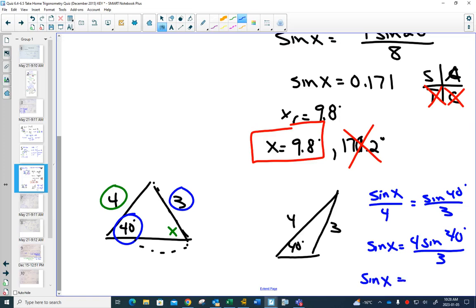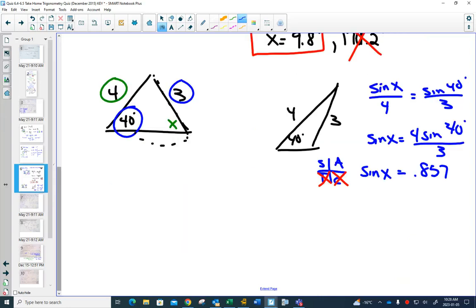Type that into my calculator. And I get 0.857. Sine is positive according to the CAST rule. It's in quadrant 1 and quadrant 2. I find my reference angle.